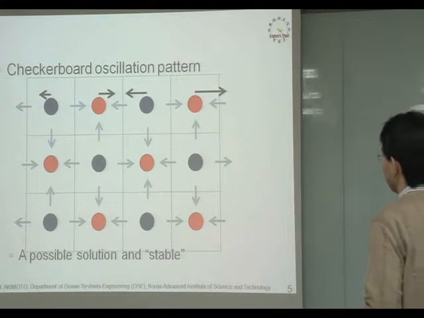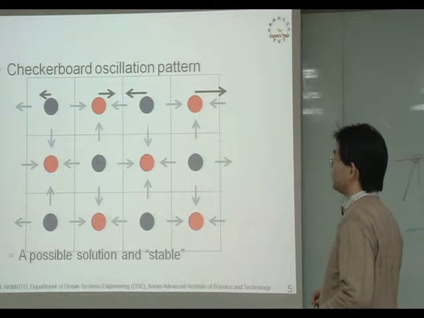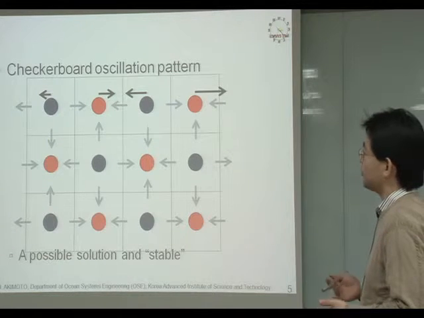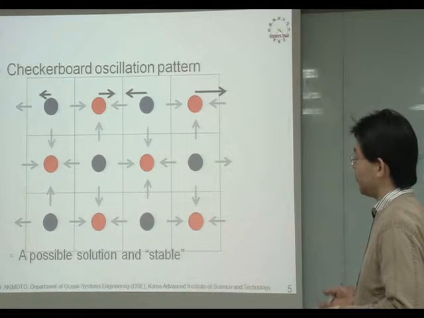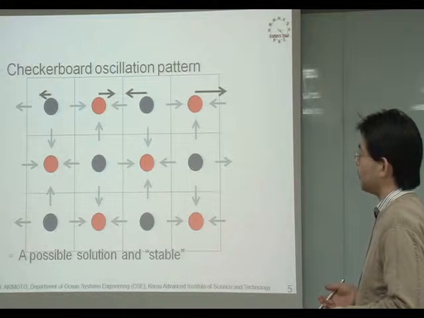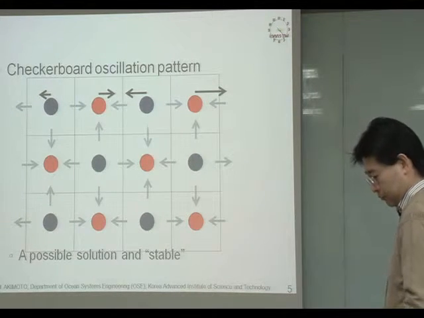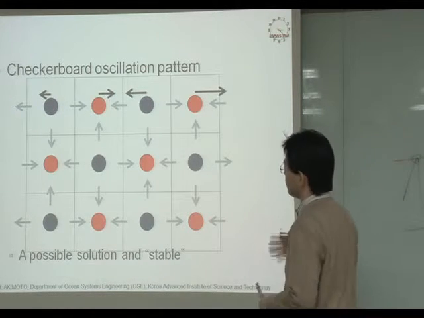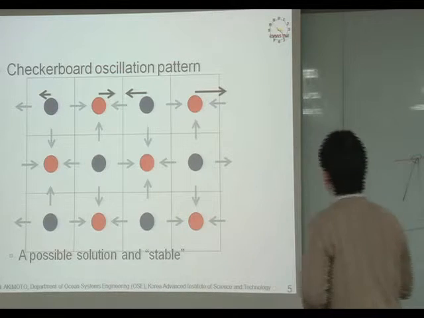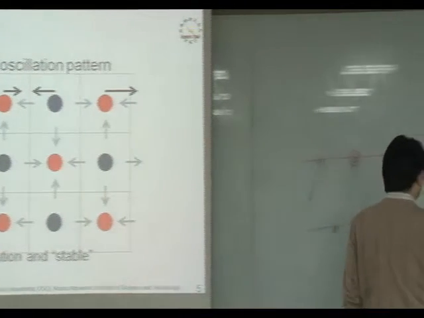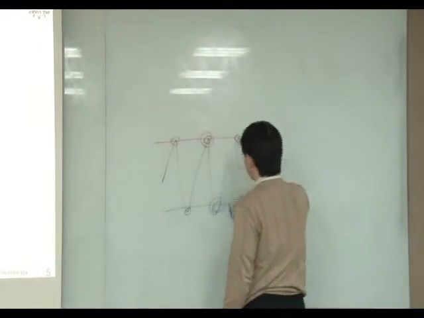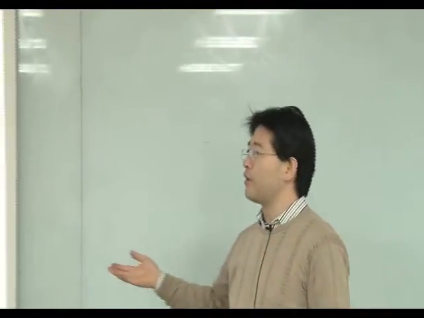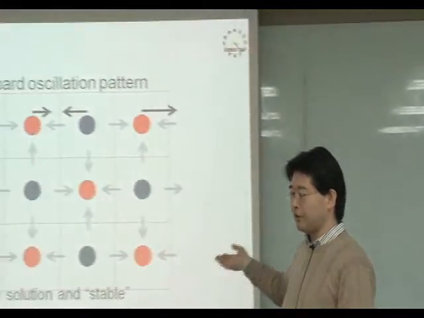Actually, even if we use staggered mesh arrangement, if some conditions are unstable, the resultant pattern might be like this. Although this example shows a two-dimensional case, I guess you can imagine a three-dimensional case of checkerboard oscillation.